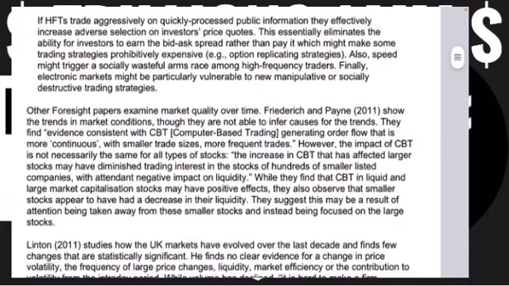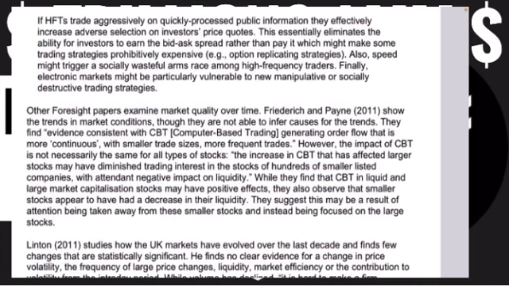Other Foresight papers examine market quality over time. Frederick and Payne, 2011, show the trends in market conditions, though they are not able to infer causes for the trends. They find evidence consistent with CBT, computer-based trading, generating order flow that is more continuous with smaller trade sizes and more frequent trades.